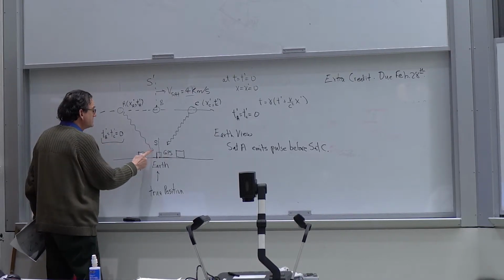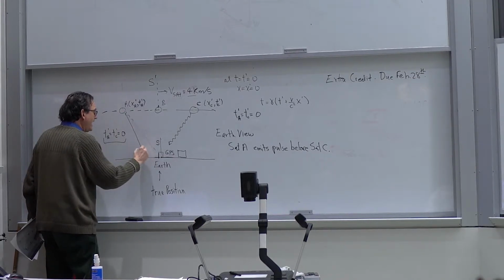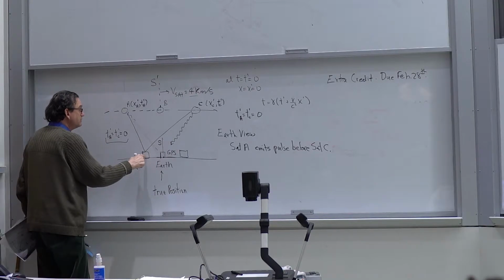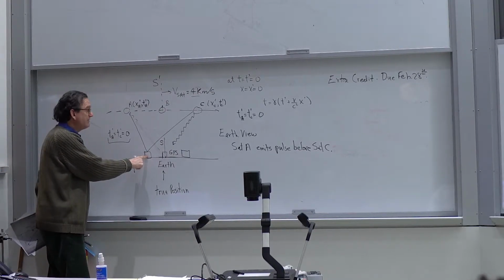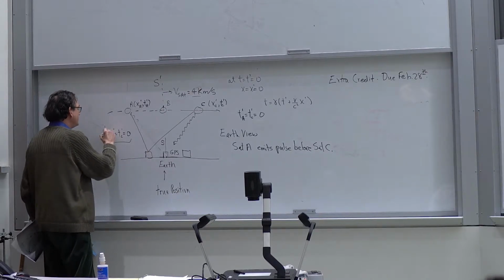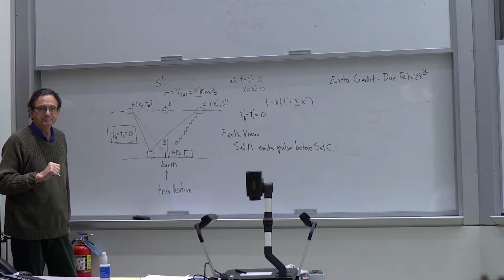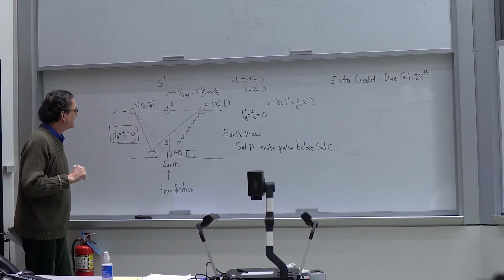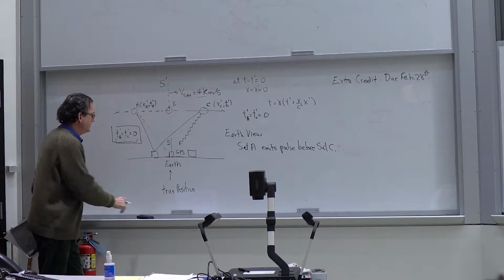So the GPS thinks, oh, well, I must be closer to satellite A than I am to satellite C, because I received this pulse earlier. And if I received it earlier and I believe this timestamp, I must be closer to A.